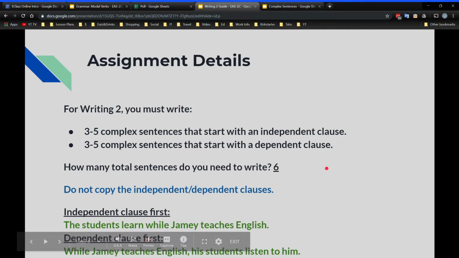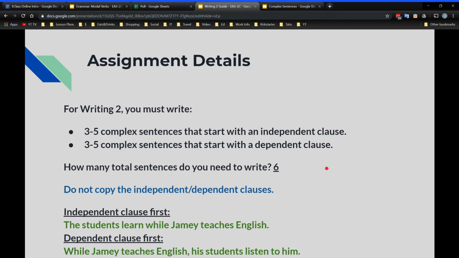So when you're doing this, make sure that you're not copying any of your clauses. So for example, if you made a sentence that starts with an independent clause, and the sentence is, the students learn while Jamie teaches English.